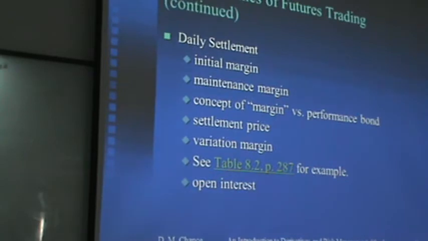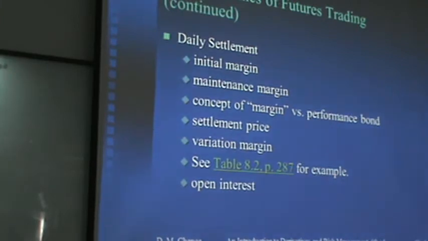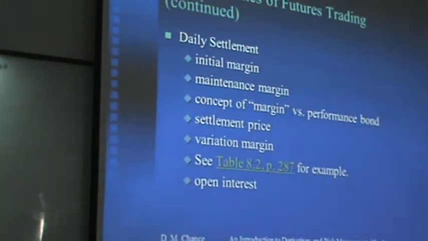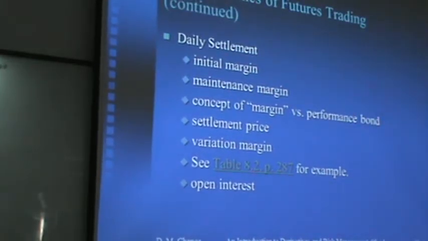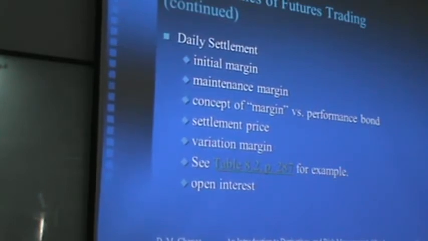You lose $10 per ounce. This is per ounce. 100 ounces is a contract.